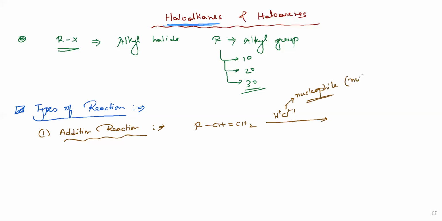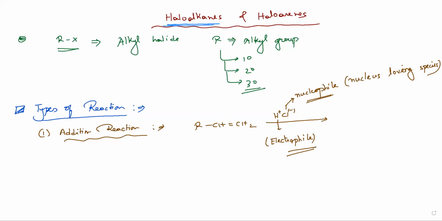Nucleophile means nucleus-loving species. Nucleo means nucleus, phile means love. And H plus is basically an electrophile, an electron-loving species.